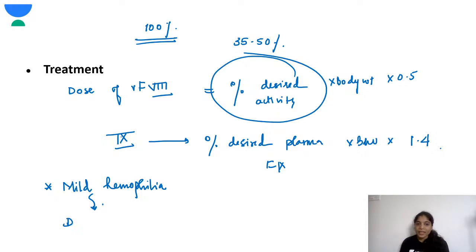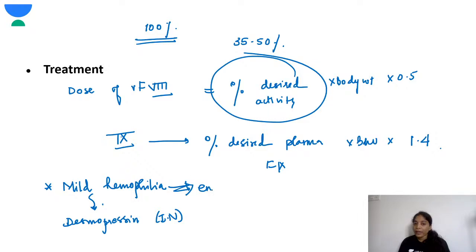That drug is desmopressin. Desmopressin is given intranasally. This is a concentrated form of desmopressin. So what does this do? In mild hemophilia, desmopressin will increase the endogenous production of factor 8.